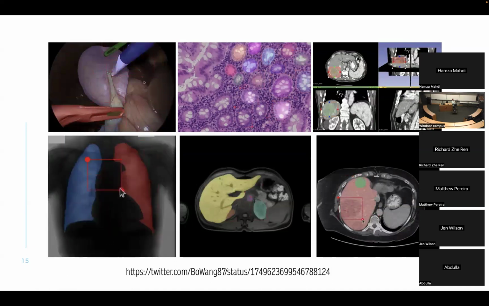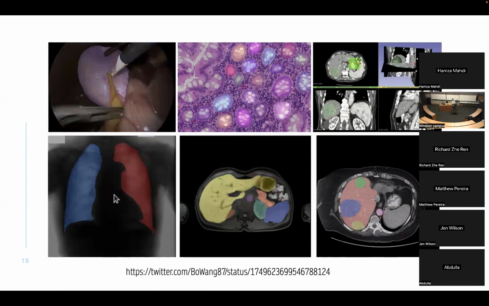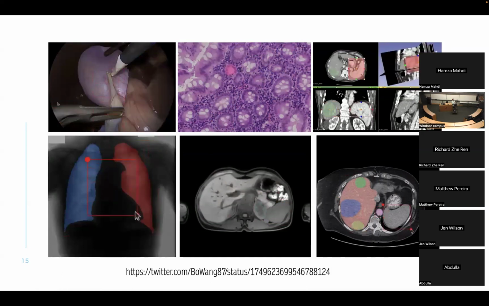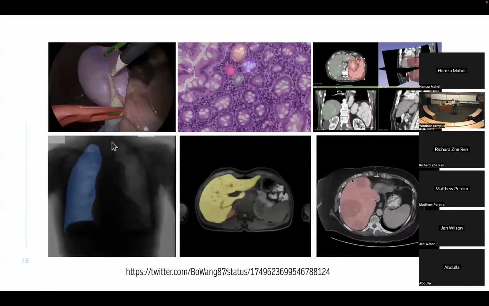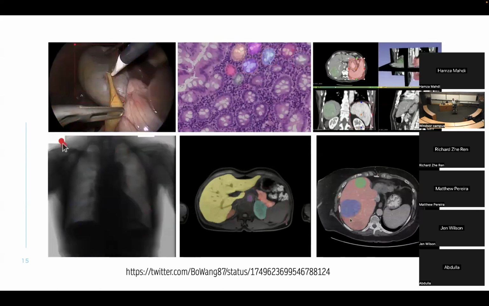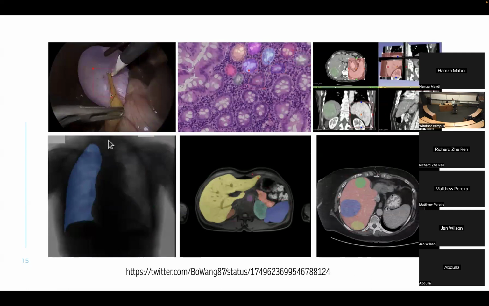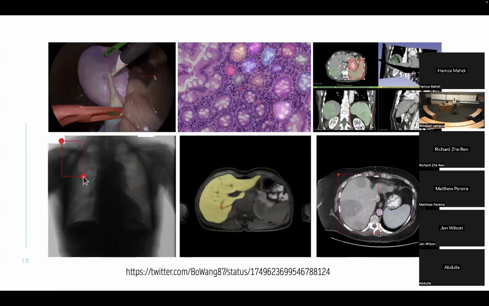No, this is one single model that can look at many different organs, many different scenarios, many different imaging modalities, and it can perform quite well. The most exciting thing about this is that it's open source. You can actually download this and use it either for your research or to develop a clinical tool. So this is quite exciting.